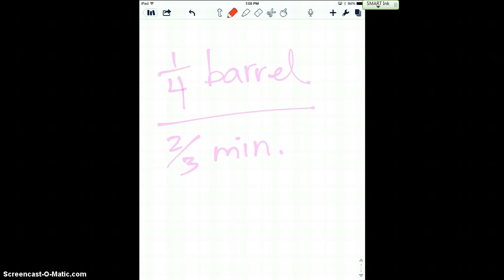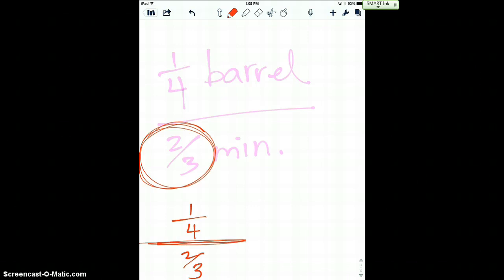But it's not. And the reason why I know this is because 2/3 needs to be 1 for it to be a unit rate. So how can I change 1/4 over 2/3, which, hey, that's a complex fraction. How can I change that into something out of 1? Well, you could say I could just erase 2/3 and put 1.